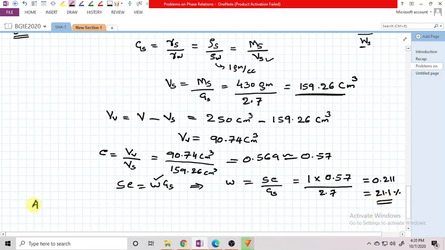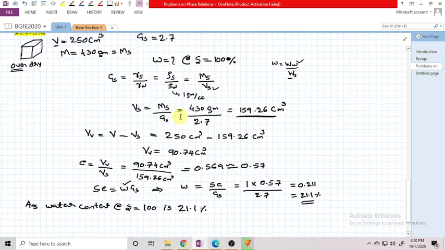So the answer is water content at S equal to 100% is 21.1 percentage. Okay, so there is a second part here.